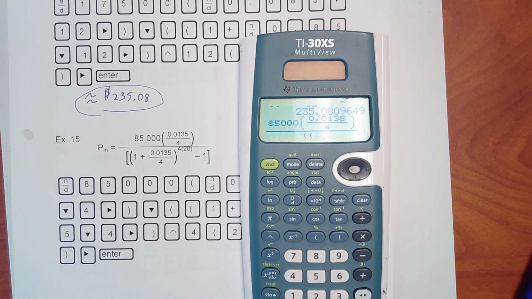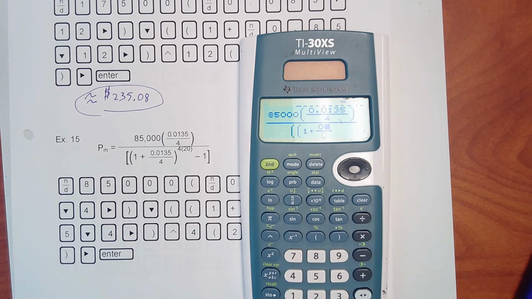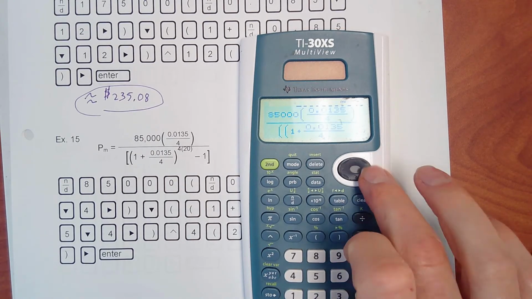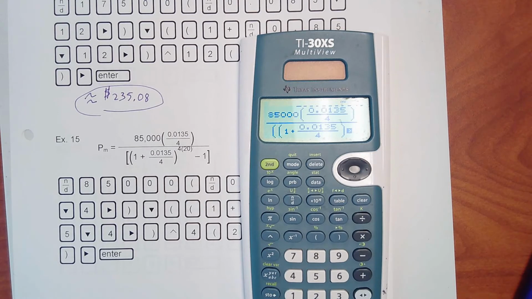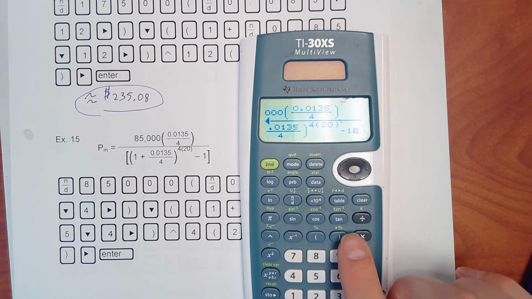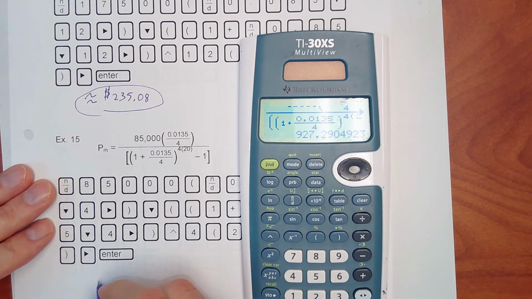Two parentheses, 1 plus, fraction key, 0.0135, down arrow 4, right arrow, close off the parentheses, caret key 4 parentheses 20, right arrow key, subtract 1, close off the parentheses. So this would round off to $927.29.